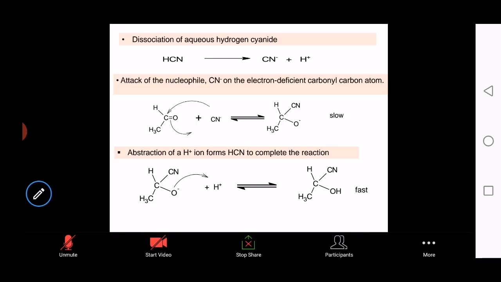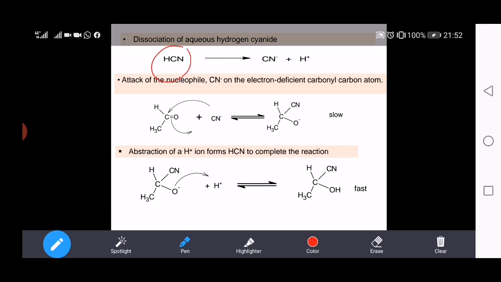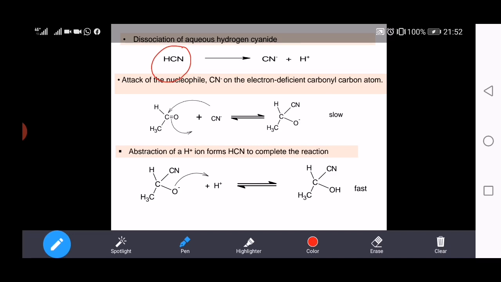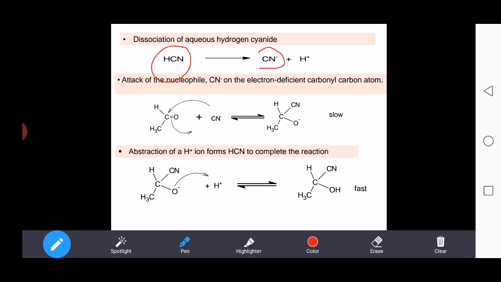So the first step is dissociation of aqueous hydrogen cyanide. So you punya hydrogen cyanide ni dia akan bertukar jadi ion. Okay, dia akan dissociate jadi cyanide ion dengan hydrogen ion. Okay, so second step, nucleophilic attack of the cyanide ion on the electron deficient carbon atom.